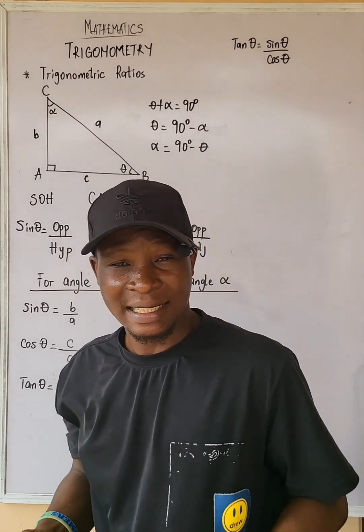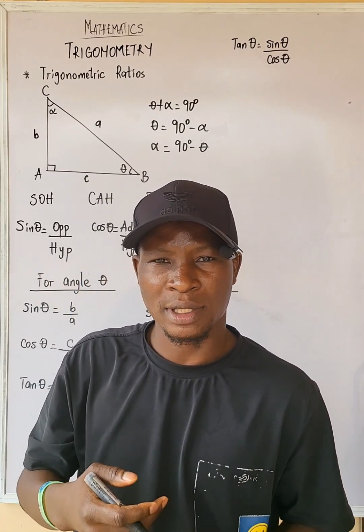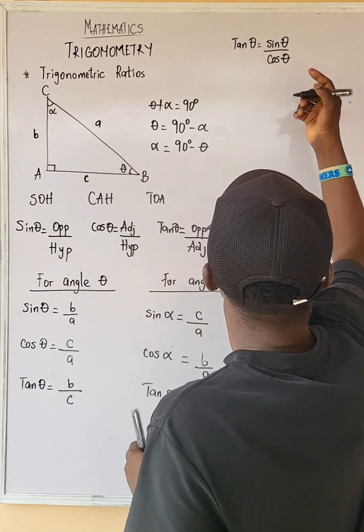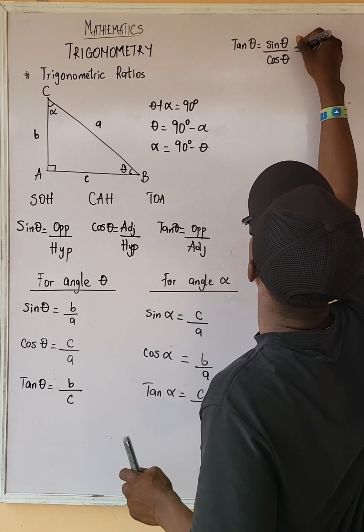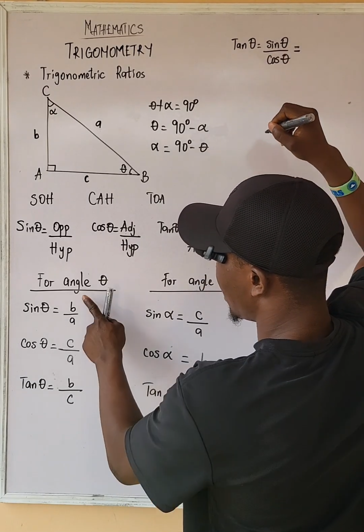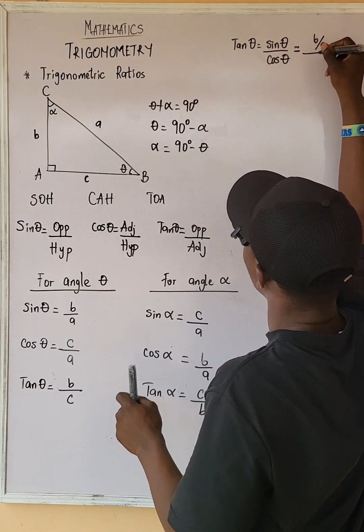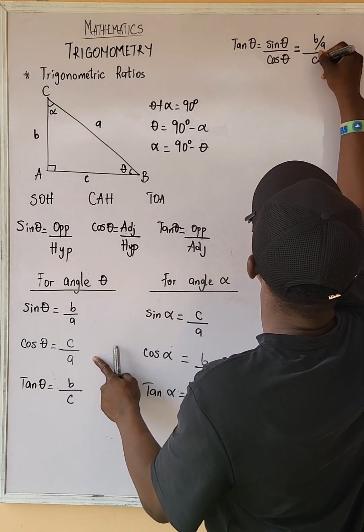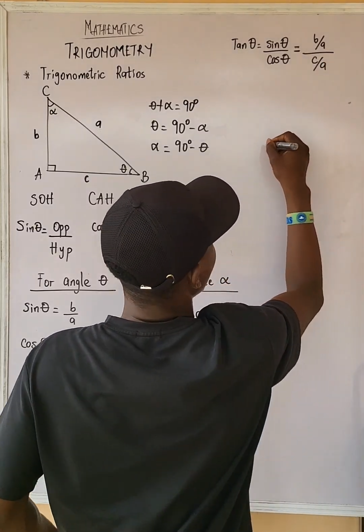Do you understand? So let's check if we're going to have B over C. What do we get for sin theta? That's B over A, right? And over cos theta, that's C over A, right? When you do the mathematics, let's just do the mathematics.